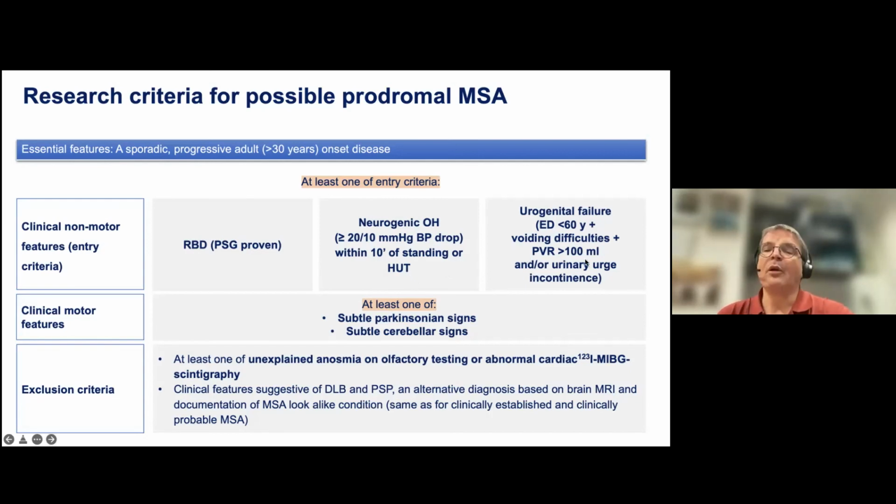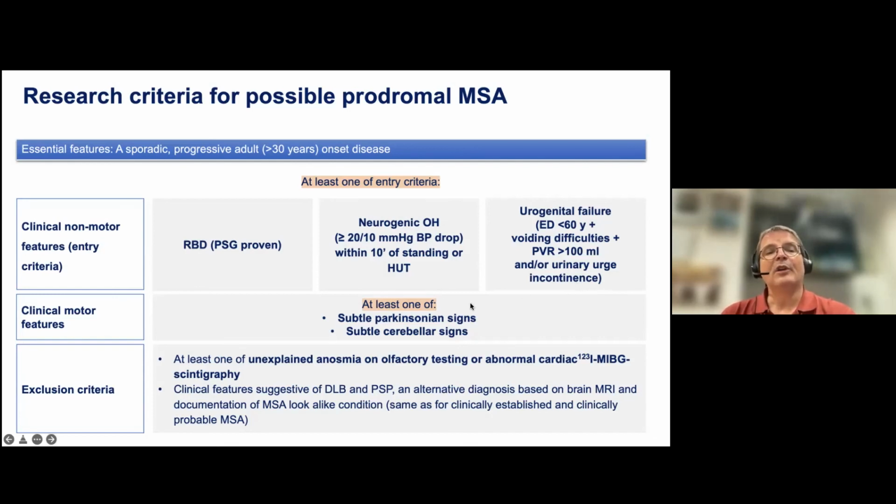And the third non-motor presentation could be urogenital failure, including erectile dysfunction starting below the age of 60 years, associated with voiding difficulties and a post-void residual volume of more than 100 milliliters and/or urinary urge incontinence.